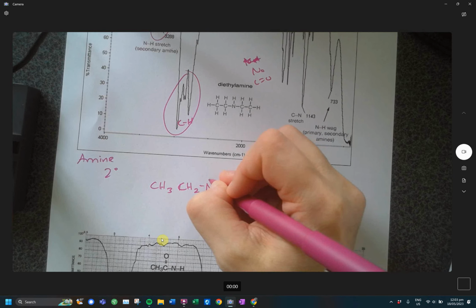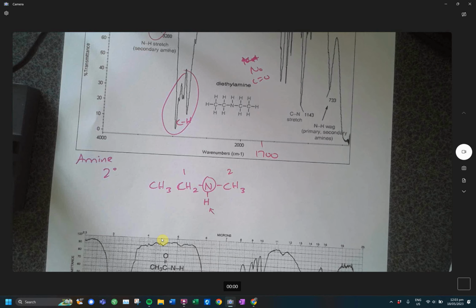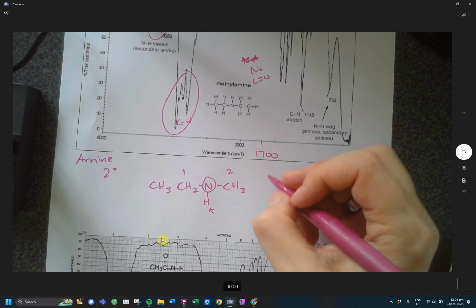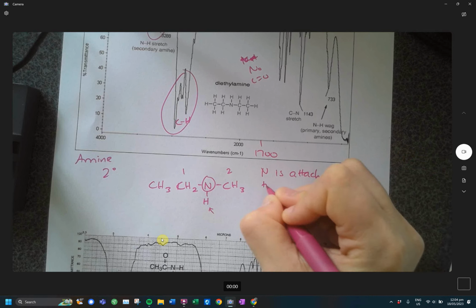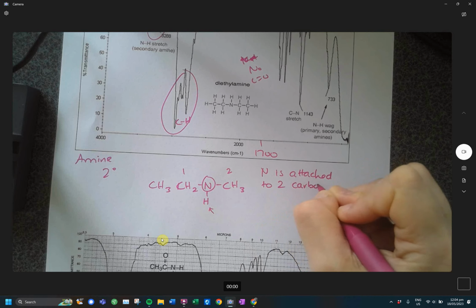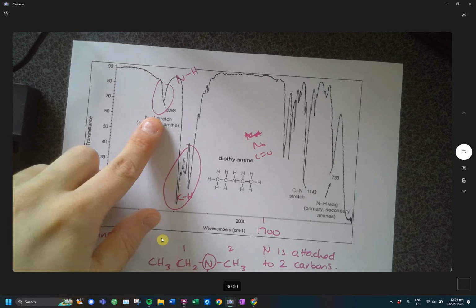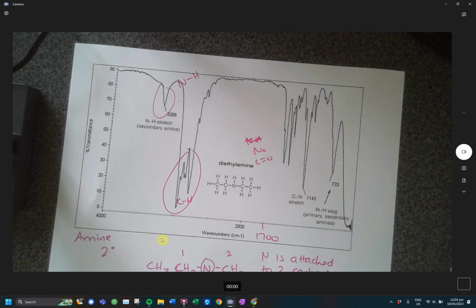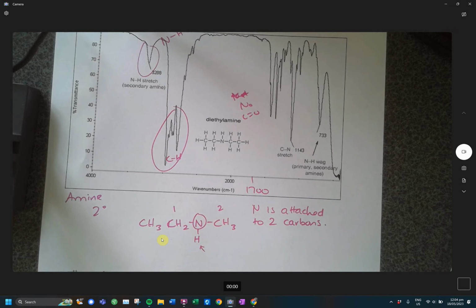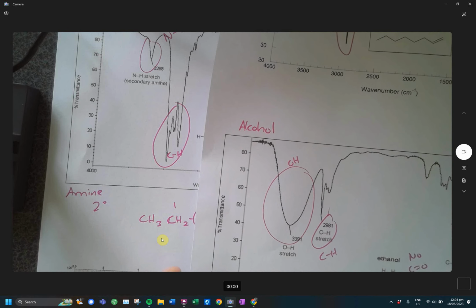So we see how this nitrogen here is attached to 2 carbons. And there's only 1 hydrogen then. So it's kind of counterintuitive in a sense, like it's attached to 2 carbons, but you only have 1 peak. The way I remember it then is it has only 1 hydrogen. And again, that one looks different from an alcohol because the alcohol has that larger, deeper trough, and it's wider too.